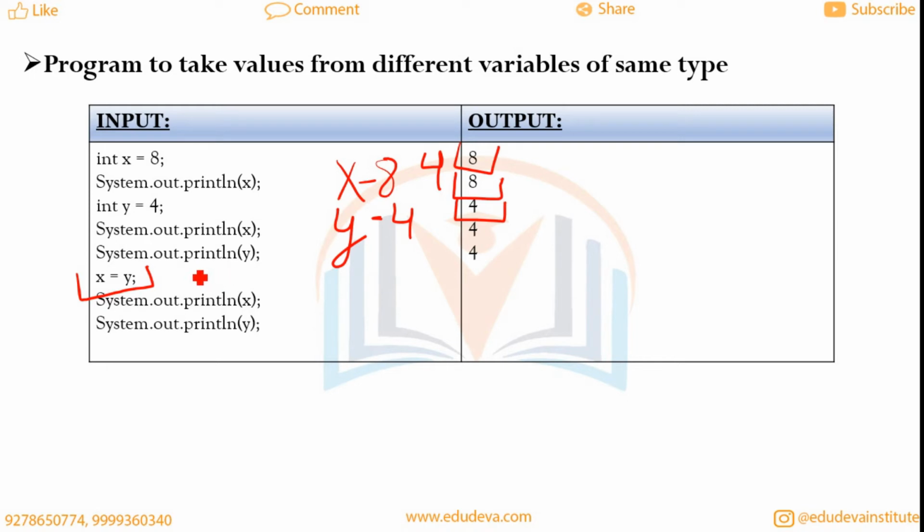So when we are trying to print the value of variable x by using system.out.println x, it will print 4 as the value of variable x is 4. And in the last line we are trying to print the value of variable y, and as the value of variable y is 4, it will just print 4 in the output.